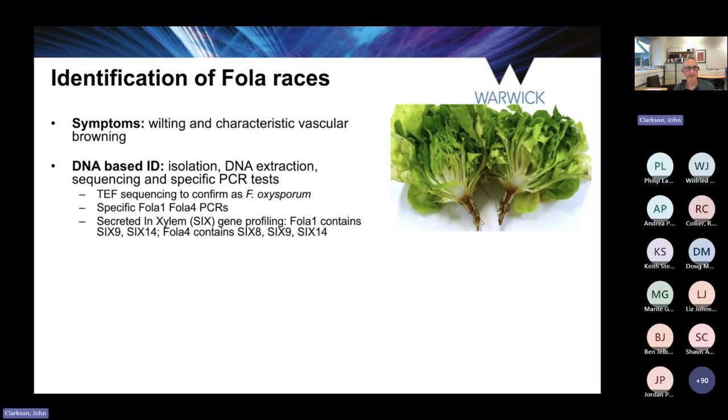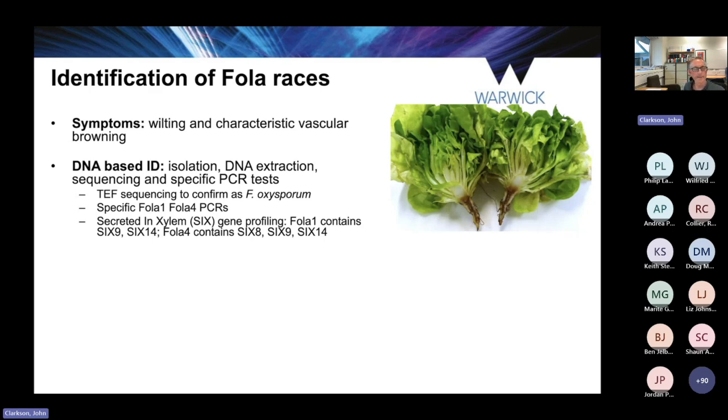To begin to understand what race might be present, firstly we can do some housekeeping gene sequencing, and that confirms it's Fusarium oxysporum. But then there are also published PCRs for both race 1 and race 4. So we can identify those key races if they're present.